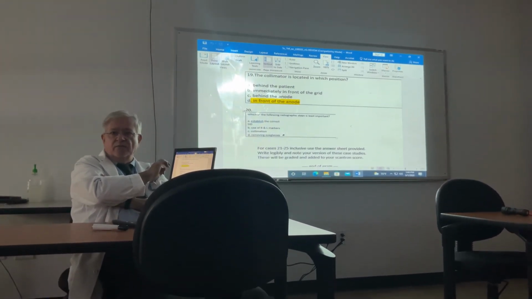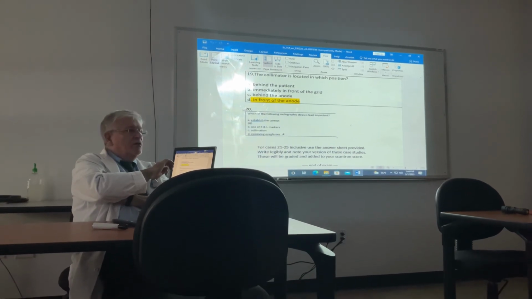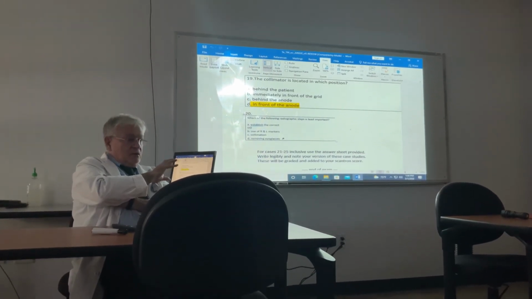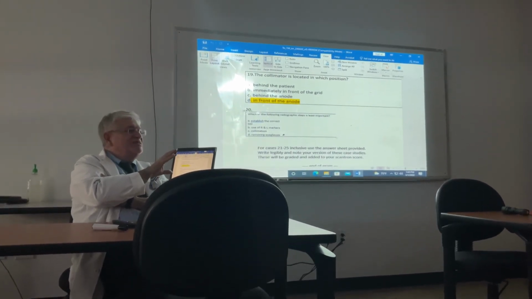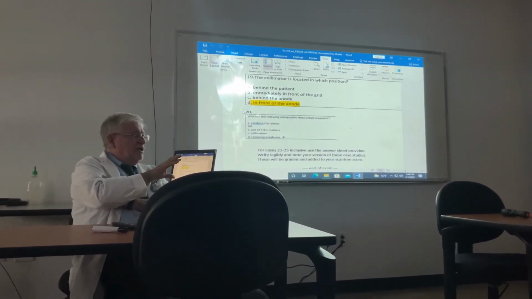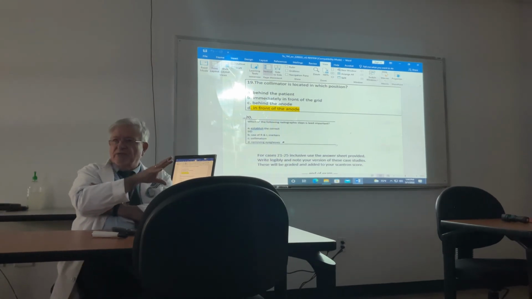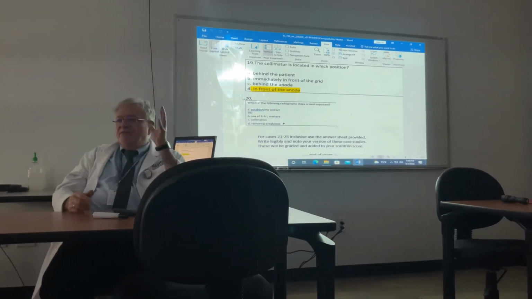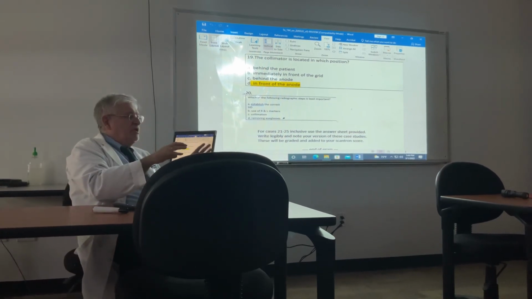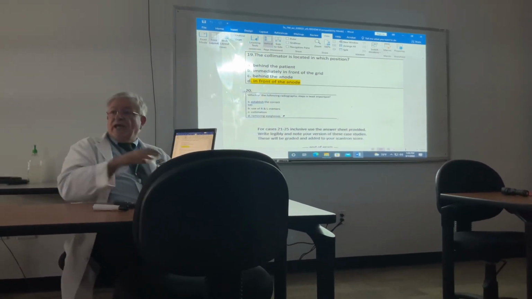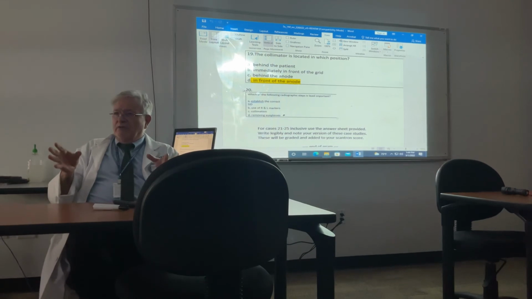What does that mean? It's a normal variant. Your L5 is different than anybody else's. It has unique characteristics, okay? When we say six vertebral bodies, we say lumbarization. When we say sacralization, we mean four. Now your L5 vertebral body is different, okay?